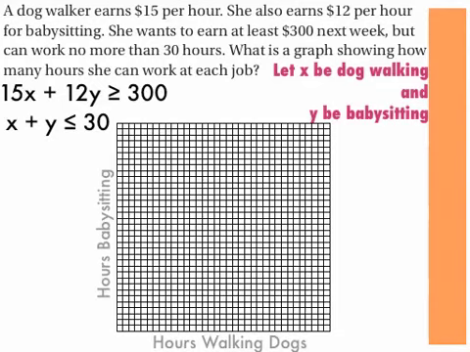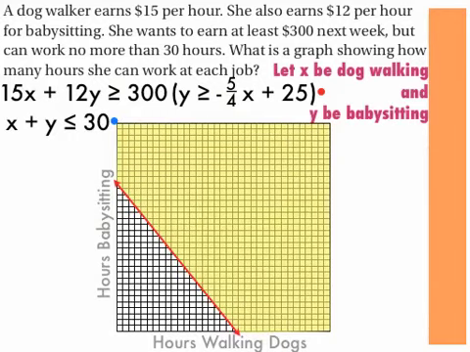I need to take that first inequality and solve for y. To do that, I would subtract 15x on both sides and then divide by 12, so I get y is greater than or equal to negative 5 over 4x plus 25. Go ahead and graph both of these linear inequalities. This would be the y is greater than or equal to negative 5 over 4x plus 25.